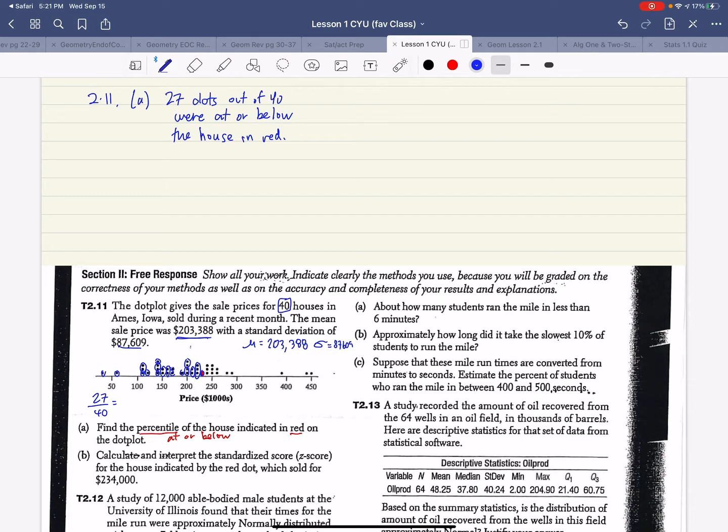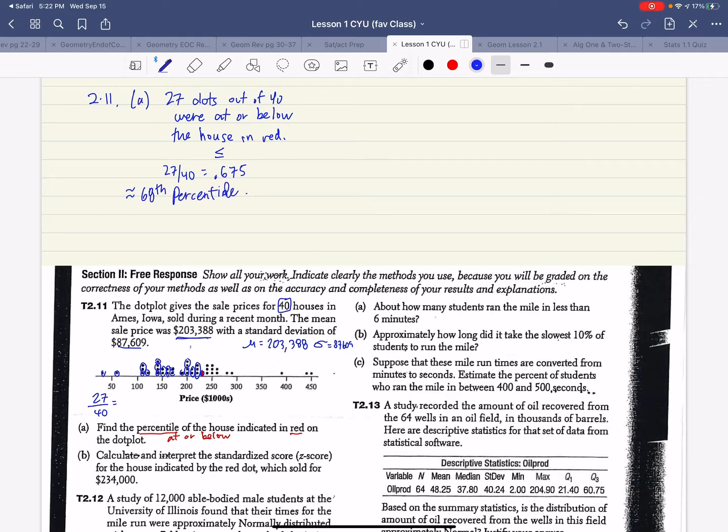And again, at or below means just less than or equal to, right? Now, what would be that percentile? So I'm just going to get out our calculator, right? What is the fraction? 27 out of 40. And we get 0.675. So we can say approximately the 68th percentile.